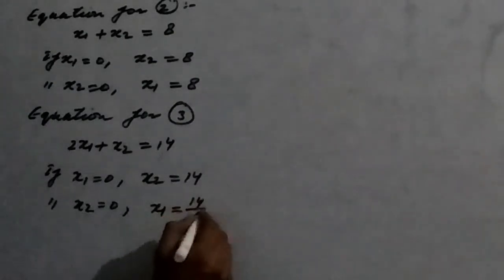Now equation for 3, that is 2x1 plus x2 is equal to 14. So if x1 is equal to 0, x2 is equal to 14, and if x2 is equal to 0, x1 is equal to 14 upon 2, that is 7.